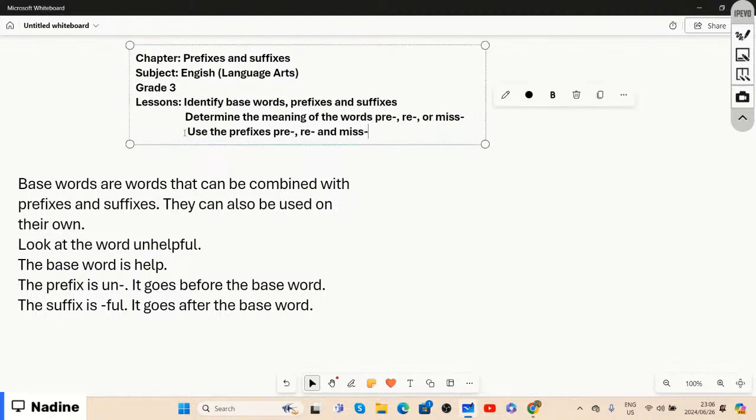So that is going to be our lessons for today under our chapter of prefixes and suffixes, right?